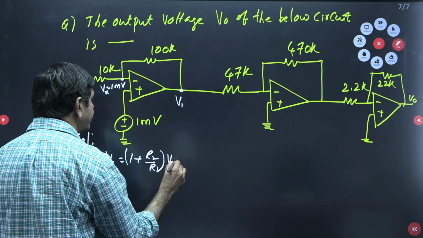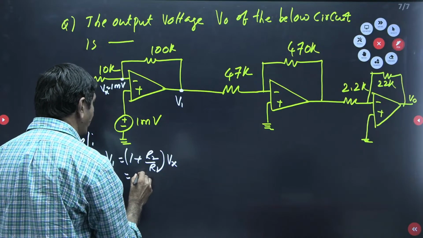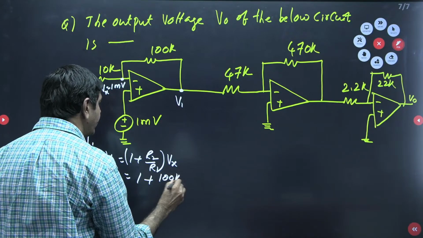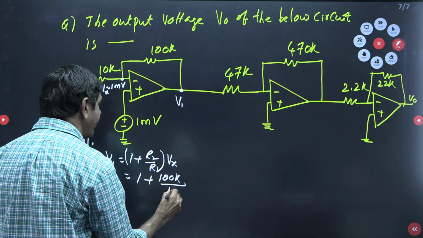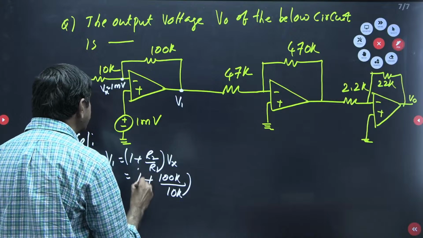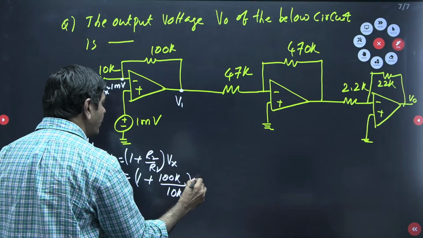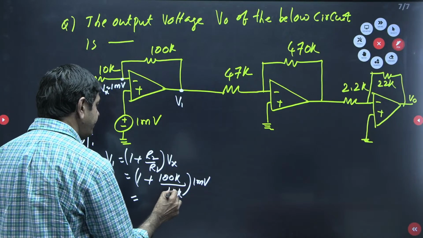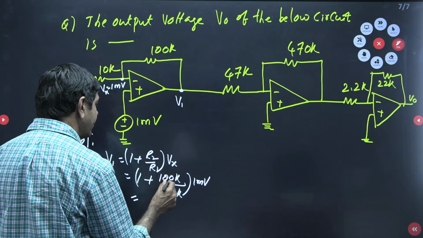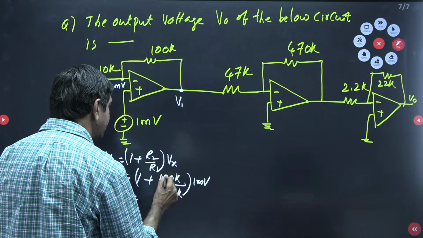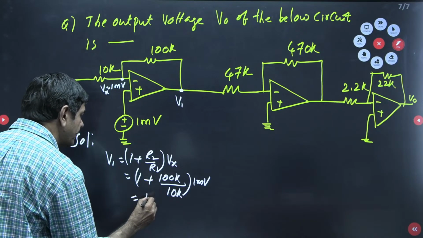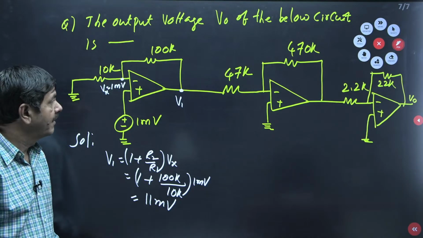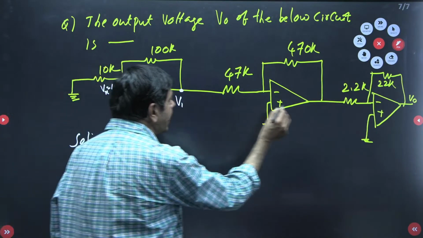I can write V1 equals 1 plus R2, which is the 100K, divided by R1, which is 10K, times Vx, which is 1 millivolt. And finally, what can I get? 10K by 10K, the K cancels, 10 plus 1, 11 millivolts. I am getting 11 millivolts as V1.